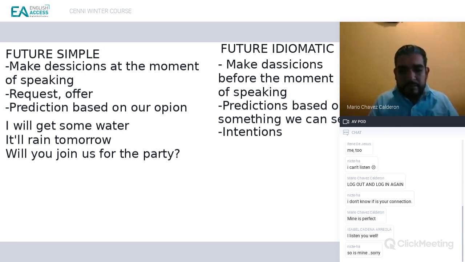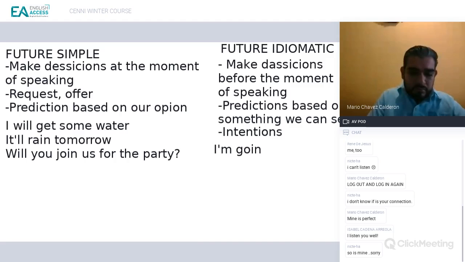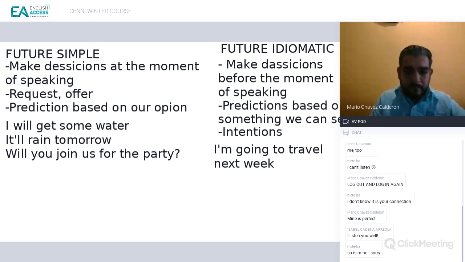The future idiomatic is the one that we use with going to. For example, in the future idiomatic, I need to use the verb to be before the going to. So I say, I'm going to travel next week.